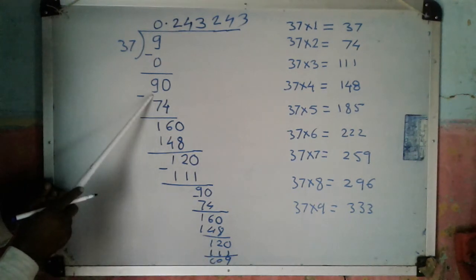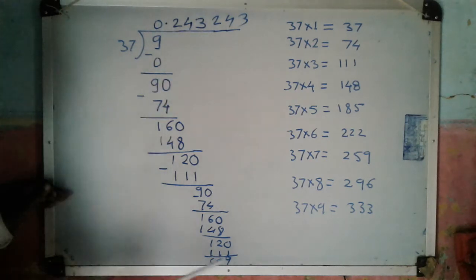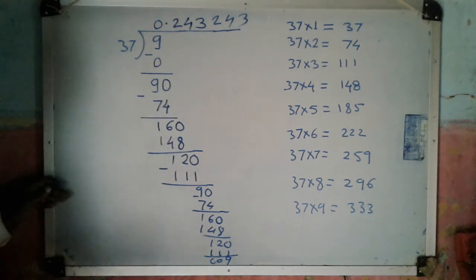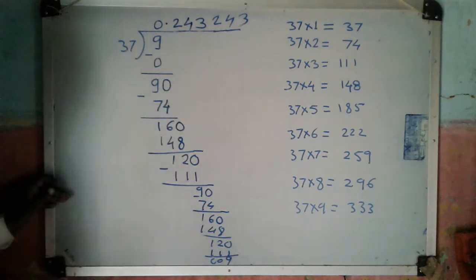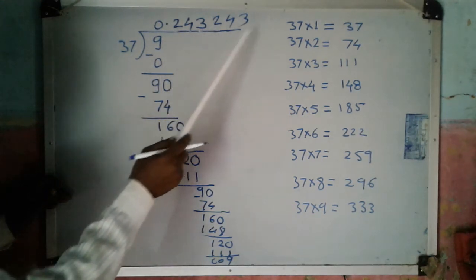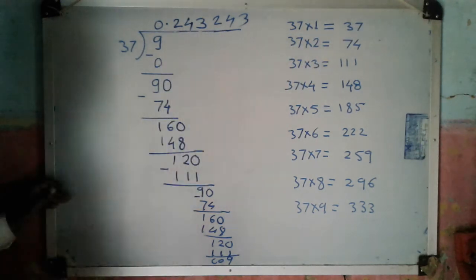That means here the quotient was 2, 4, 3. Again we get the same remainder here. So again we will get the same quotient digits. And if you divide further, we will get the same group of digits here, 2, 4, 3, 2, 4, 3, 2, 4, 3 as it is.